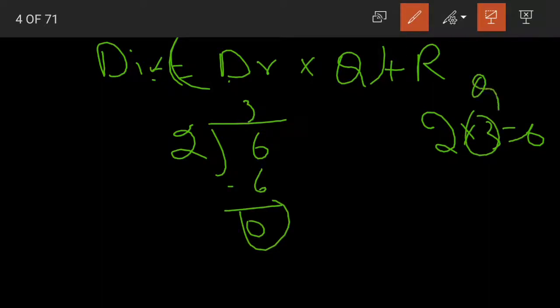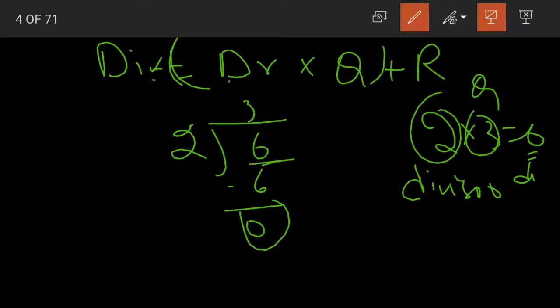This is our quotient and this is our divisor. Yes or no? Yes. So always remember, this is our dividend here. So dividend is always equal to divisor into quotient plus remainder. What is dividend equal to, children? Divisor into quotient. See, 2 threes are 6.